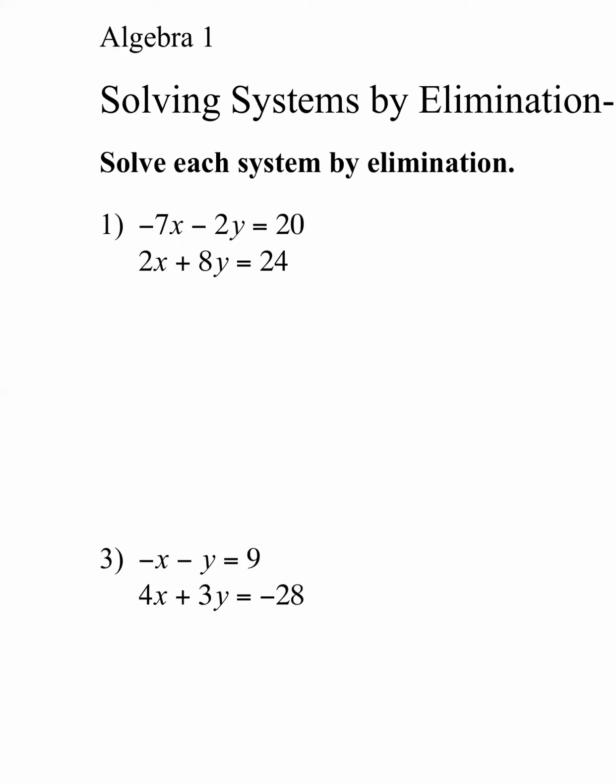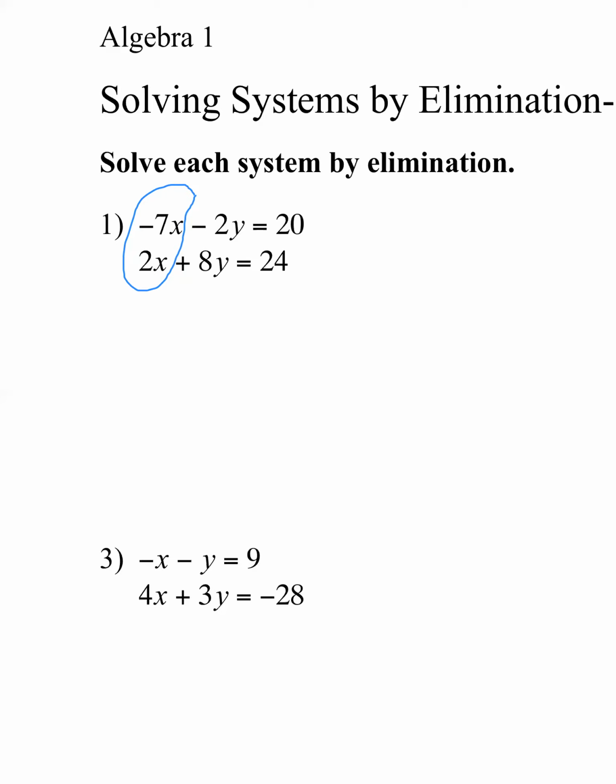That's what you're looking for, and that's why I'm dealing with the y's. If I tried to do that same thing with the x's, what would you multiply 2 by to turn it into a negative 7? There is a value, but it's a fraction. Do you want to go down that road? No, of course not. So really what I like to do is look at the smaller of the two, ignoring the signs. So I'm just looking at the numbers 2 and 7.